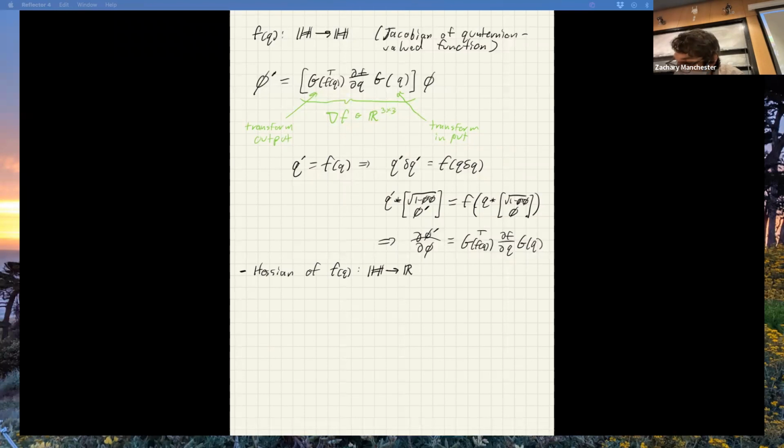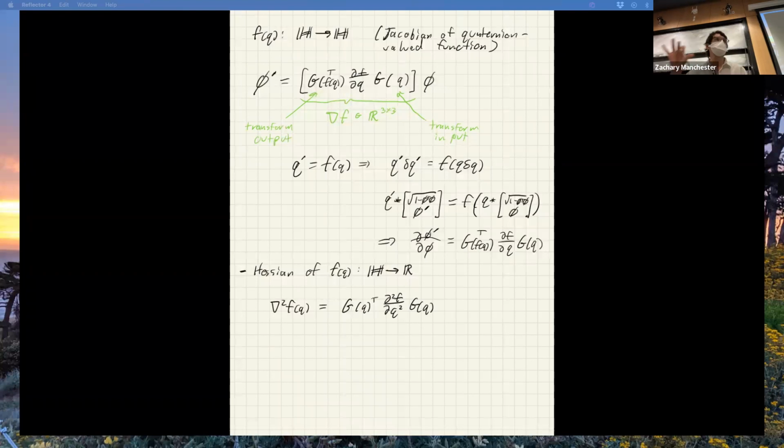So we're going to write this as del squared f of q. And the first term, this is again like the Gauss-Newton versus full Newton story. So the first term is going to look like this, which looks exactly like the Jacobian thing, right?